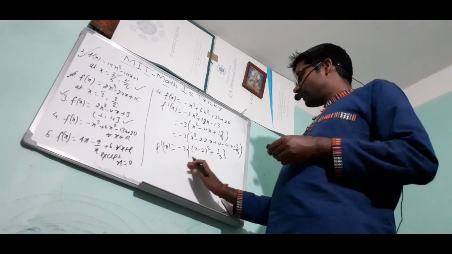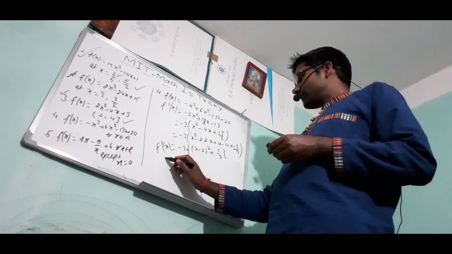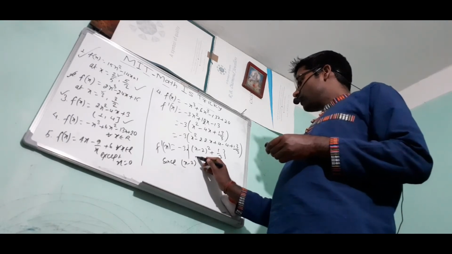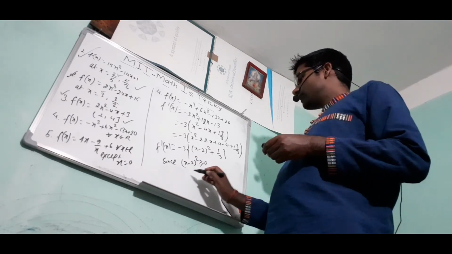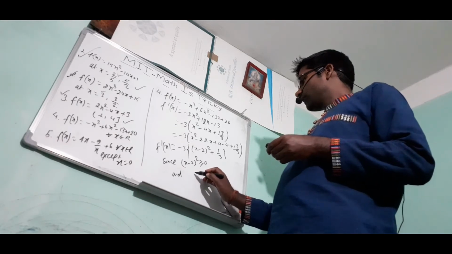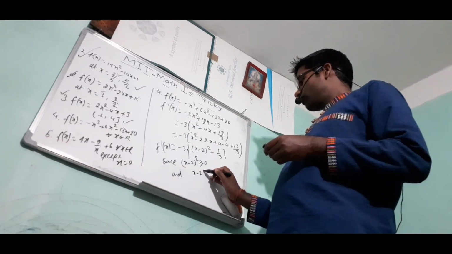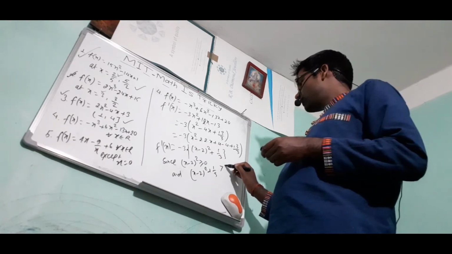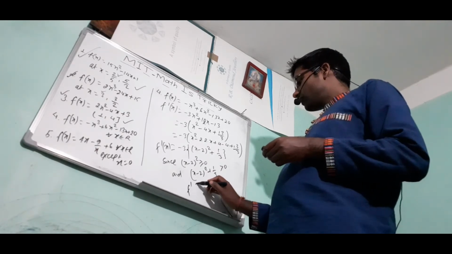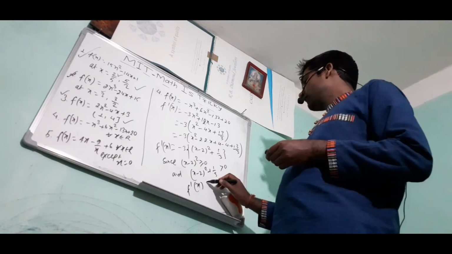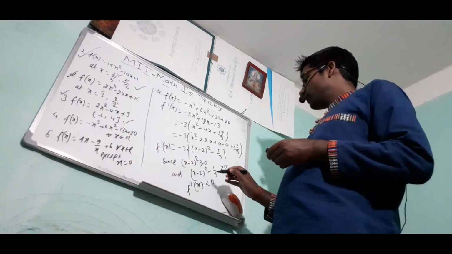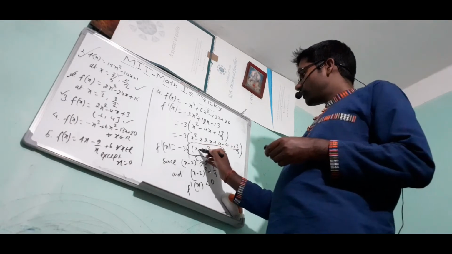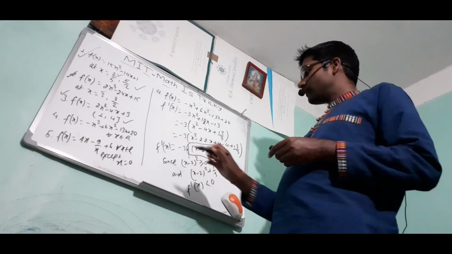So we can easily see that since x minus 2 whole square is always greater than or equal to 0, x minus 2 whole square plus 1 by 3 is always positive. f dash x will be less than 0, because this whole is positive, and positive times negative is negative, so the first derivative is negative.